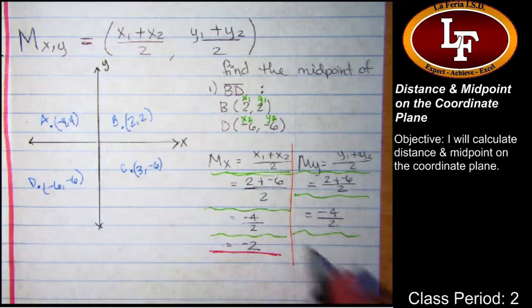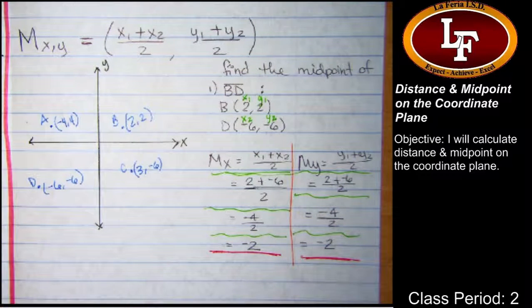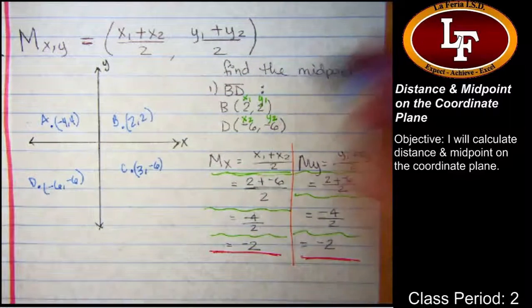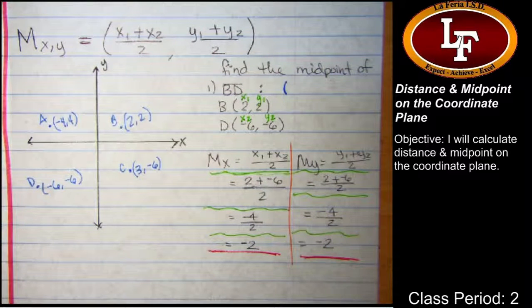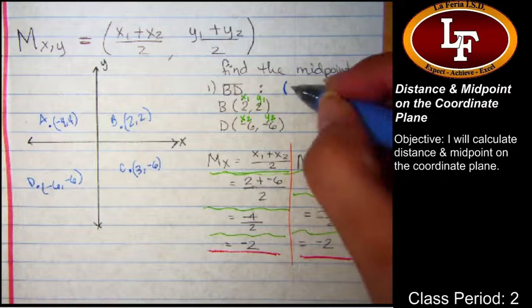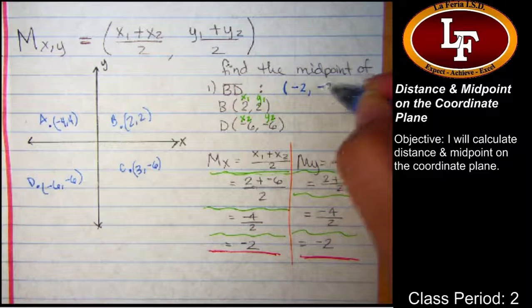And negative 4 divided by 2 is negative 2. So then our midpoint for line segment BD is negative 2, negative 2.